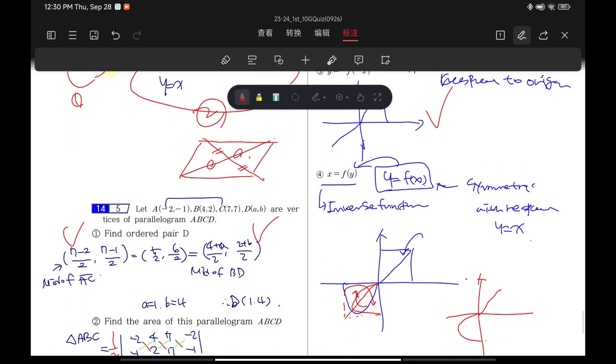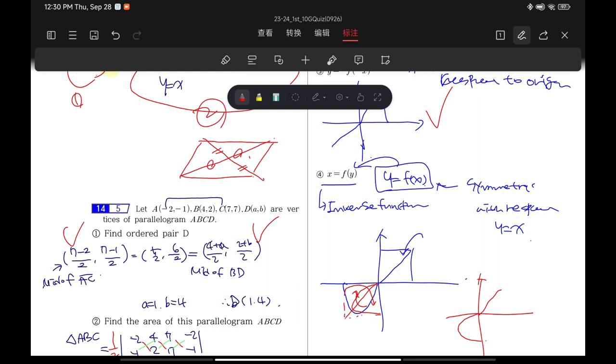Number 4, there is a really important thing actually. It just looks like switching the x and y positions, but it's really important. This symmetry has a unique name.